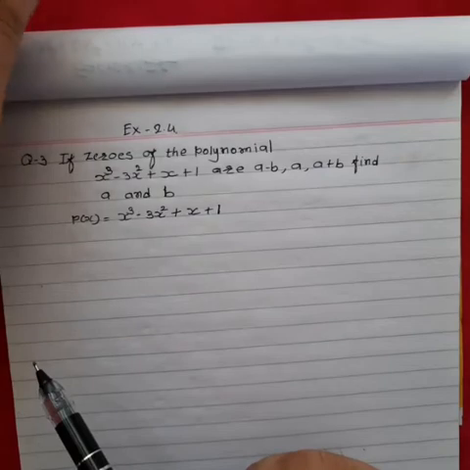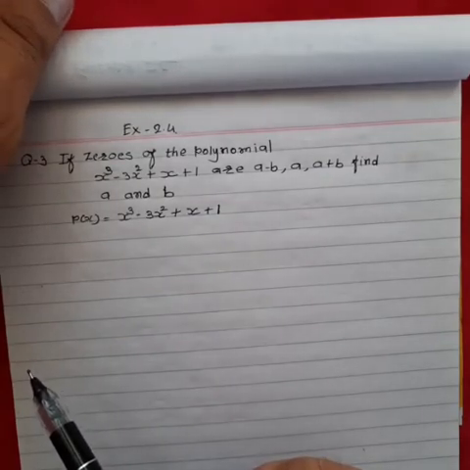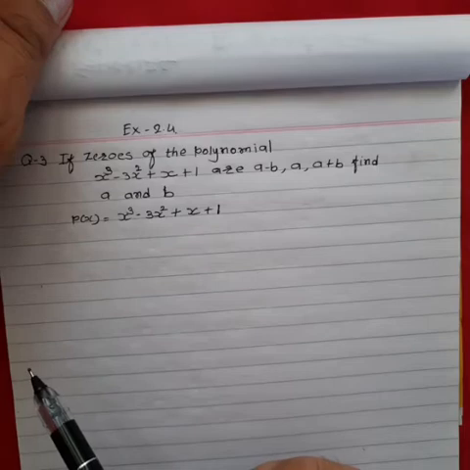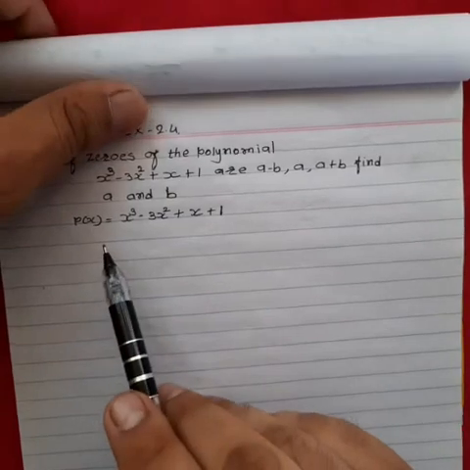So it creates confusion while you do the sum. To avoid that confusion, what shall we do? We write the general form of the cubic polynomial in capital letters in place of small letters.